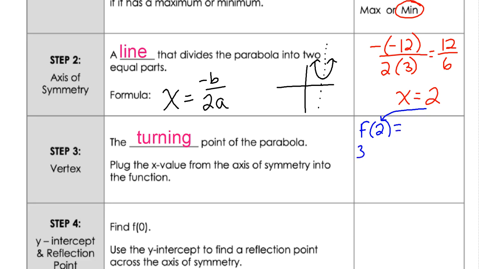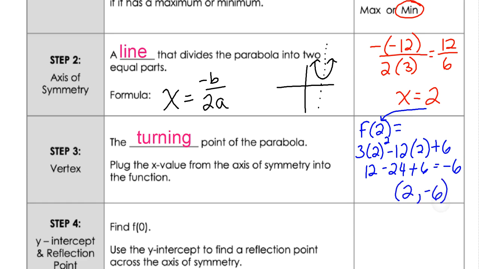When I plug that in, I get 3 times 2 squared minus 12 times 2 plus 6. So I get 12 minus 24 plus 6. And that gives me a y value of negative 6. So that means that my vertex is at 2, negative 6.